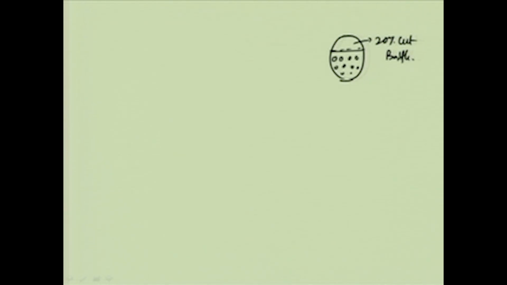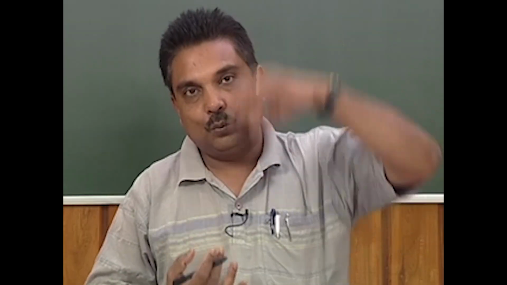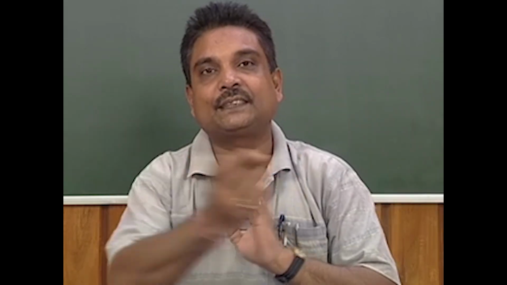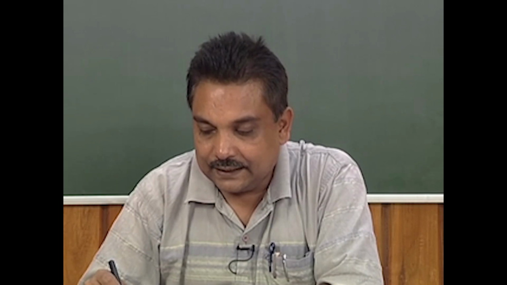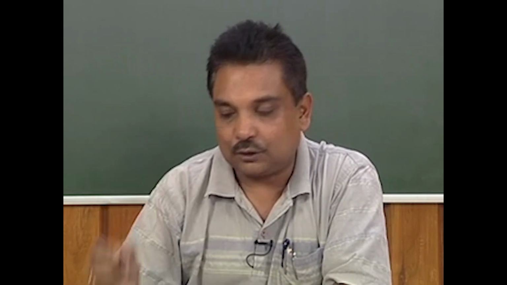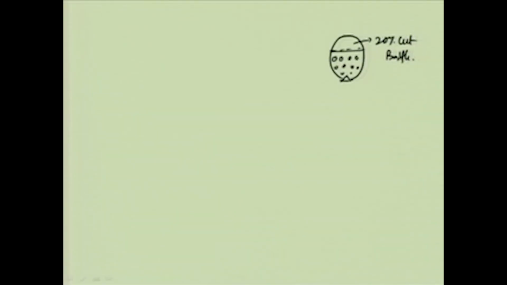Now there will be a small groove over here, at this point. For all the baffles, it is placed vertically. The baffles can be placed from all different sides of the shell, and the groove will be attached to the portion of the shell.